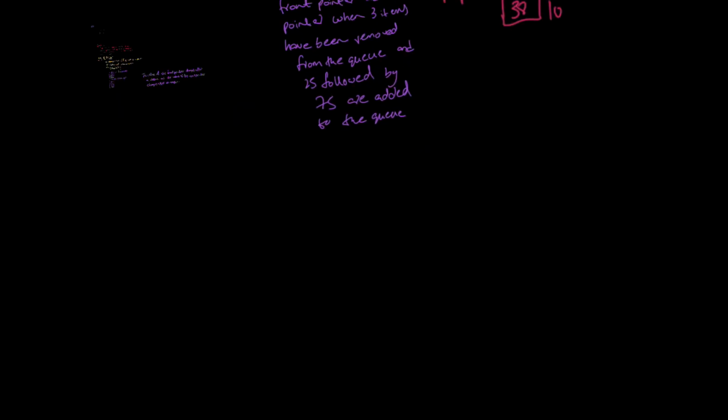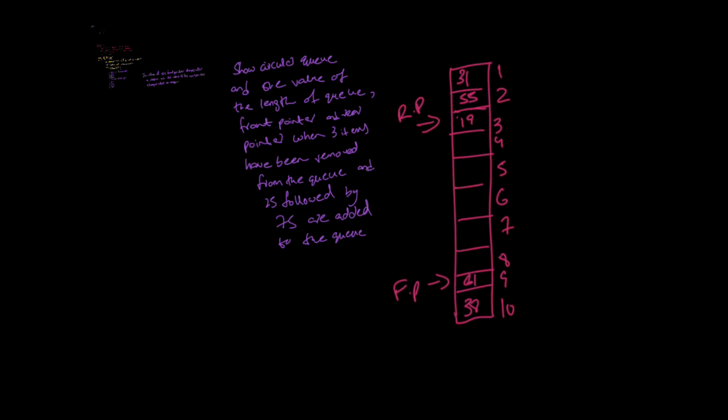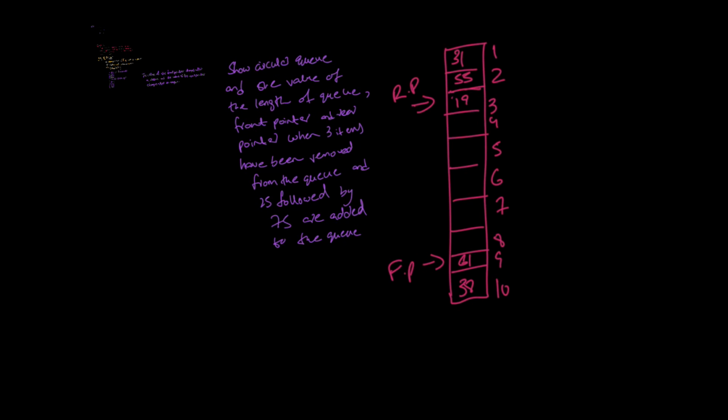Now we'll look at a question and see how we can attend to it. The question states that we have a circular queue. What we need to be aware of is that the rear pointer does not go to the end and get stuck, so it resets back to the original lower bound of the index.